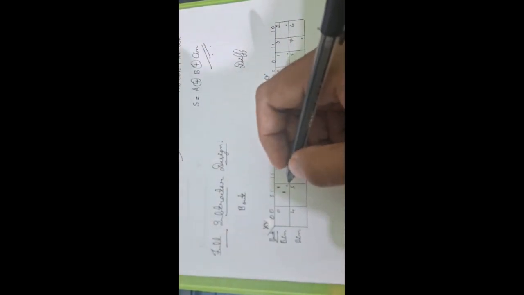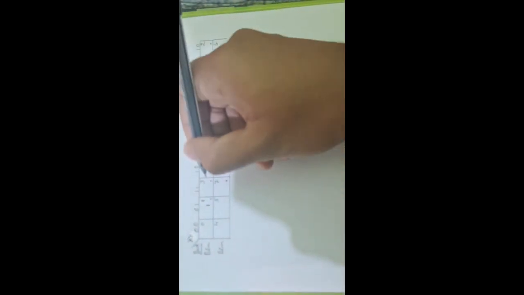Now we shall discuss the full subtractor design K-map. Now I have drawn the three variable K-map for the borrow out and difference. Now we shall take the value of 1 at 1, 2, 3 and 7, which are taken from here. These are the index values which are written here.